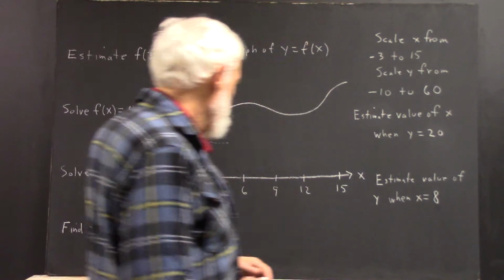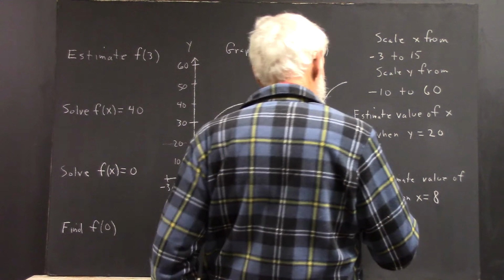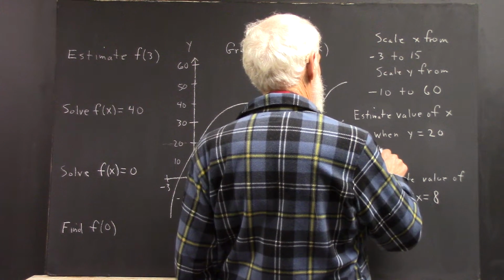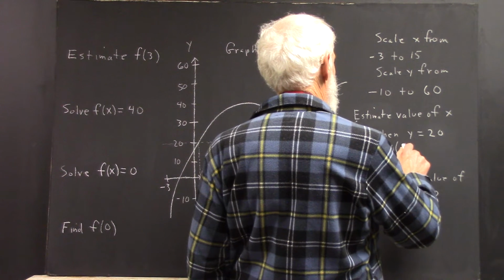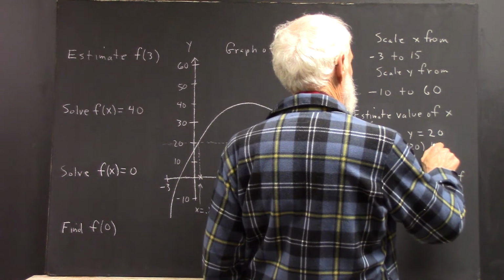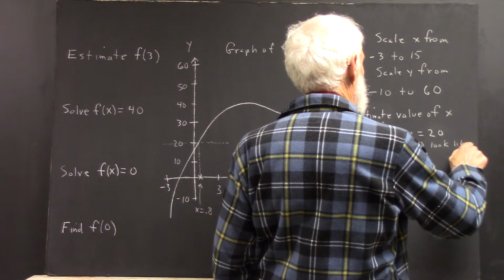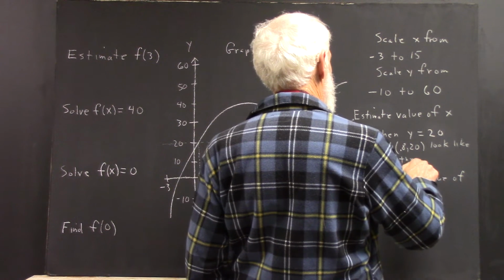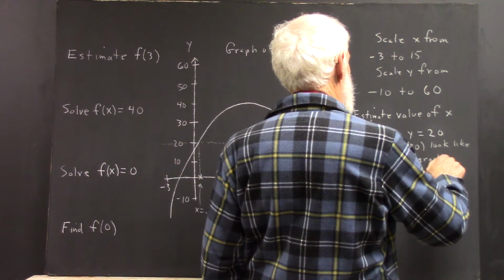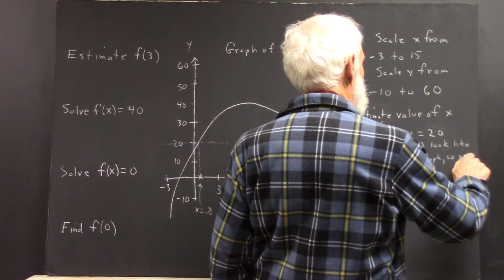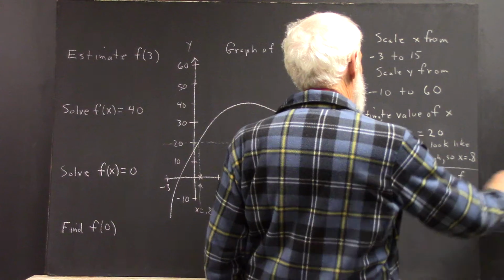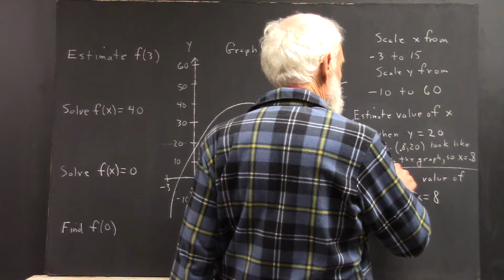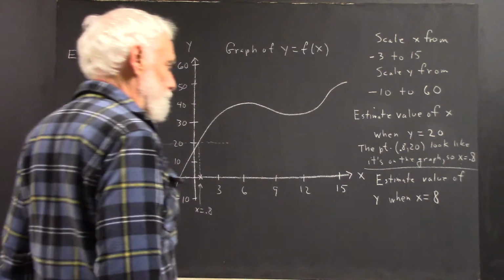So we can make the statement over here: the point 0.8, 20 looks like it's on the graph, so our answer is x equals 0.8.